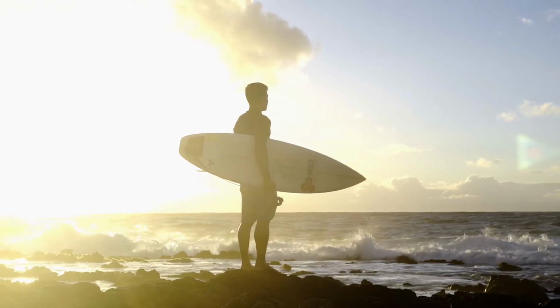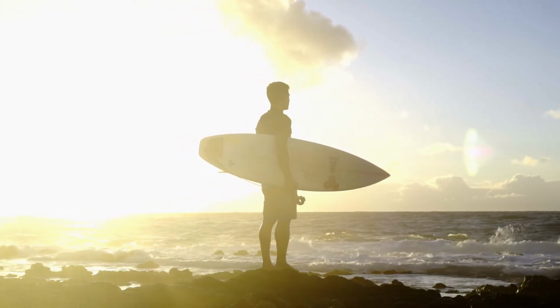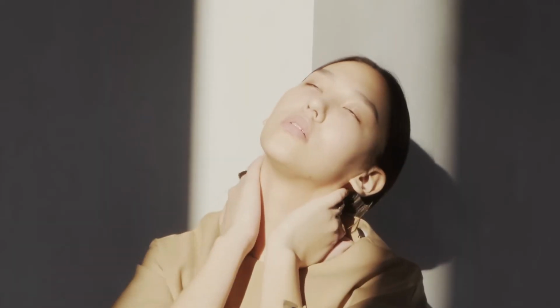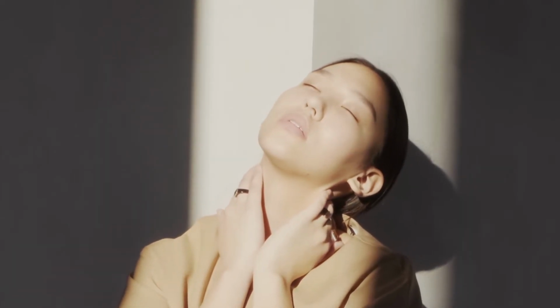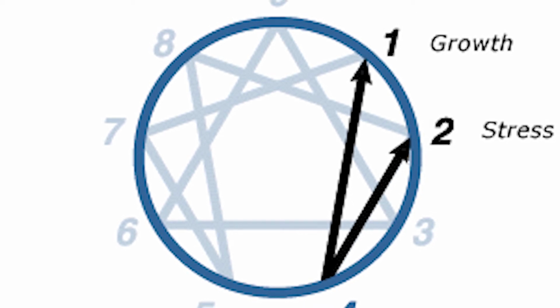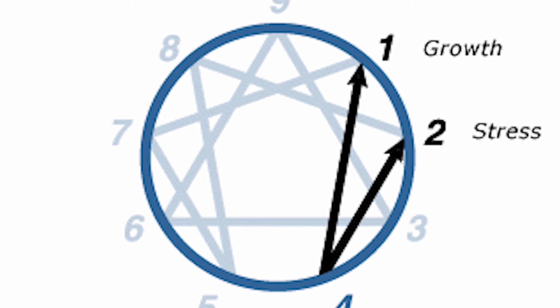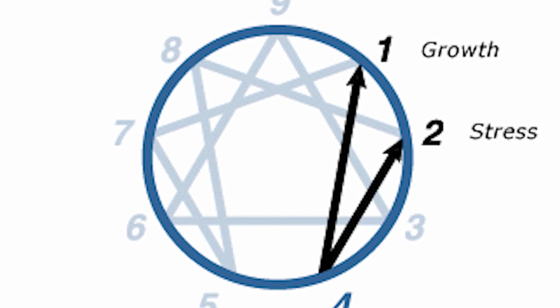The second line connects to the type which the person may grow into once they are ready to reach a higher state of development. These connecting lines highlight how each basic type possesses indispensable strengths, but at the same time has darker sides that are full of challenges. The inclusion of these lines moves the Enneagram from a purely descriptive personality model to one that is dynamic, showing how personality can change under different conditions.